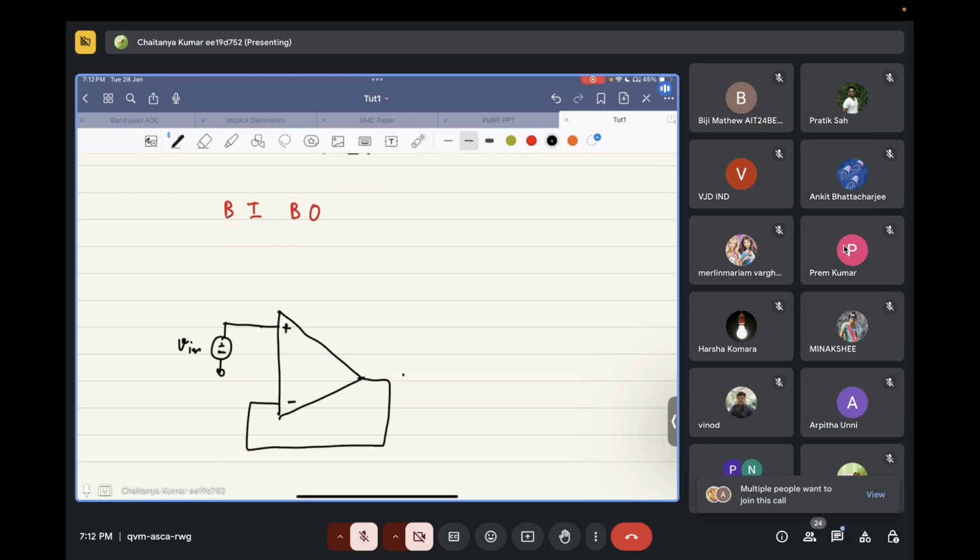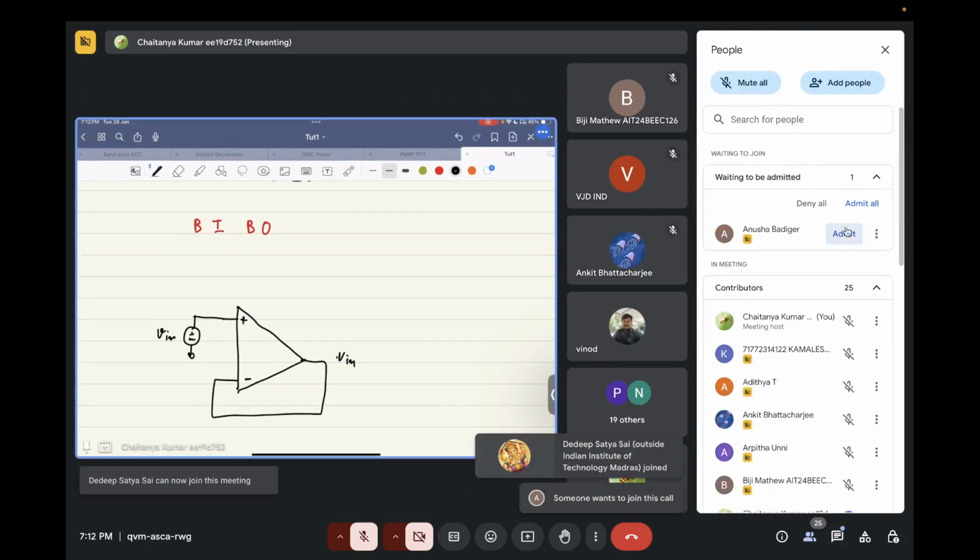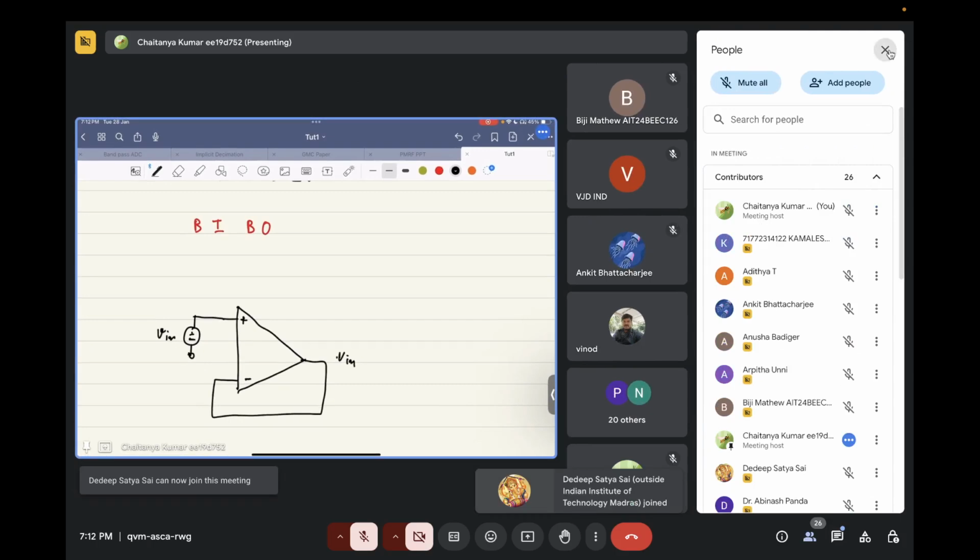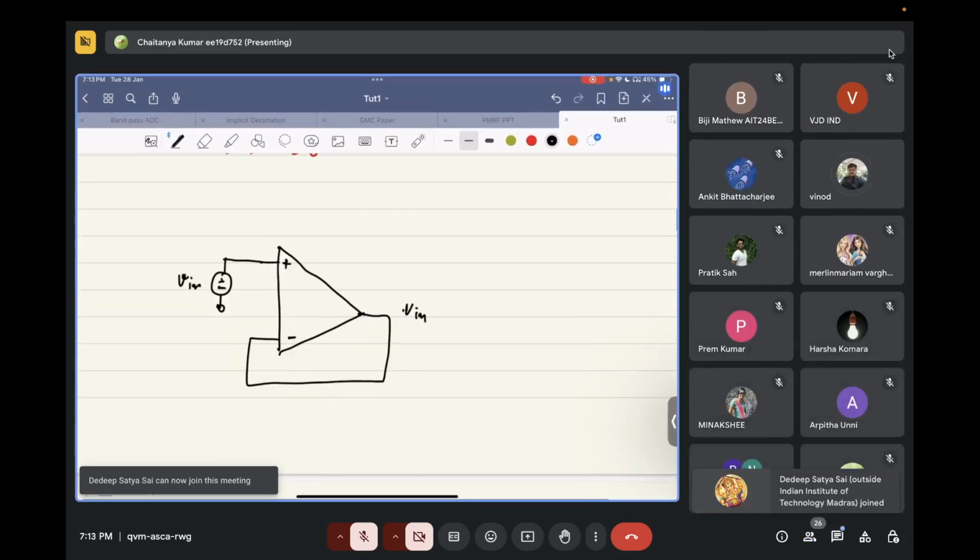So what will be my output voltage? Vin only, right? I am basically driving my input with an ideal voltage source. In this case, whatever Vin comes will come at the output as Vin.